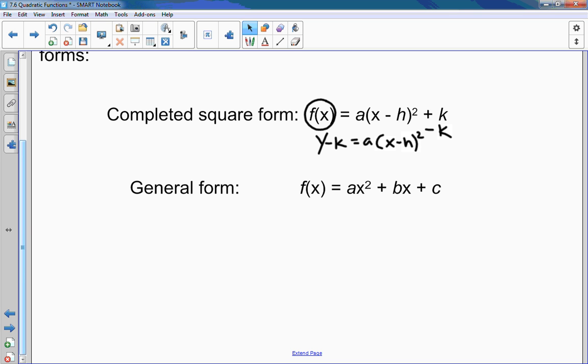This is what we would solve using the quadratic formula, completing the square, or factoring. Instead of y, though, it says f of x. So f of x equals ax squared plus bx plus c. So we're going to practice graphing both in the completed square form that we did in 7.5, and we're going to work with the general form ax squared plus bx plus c.